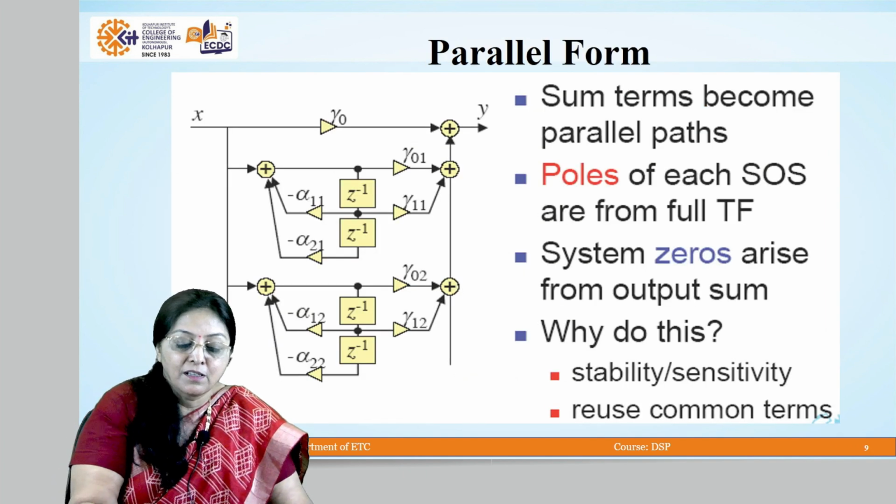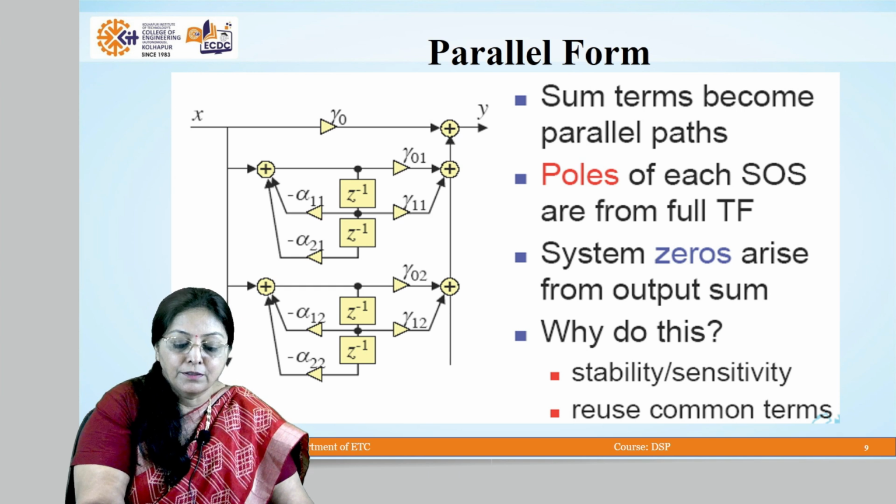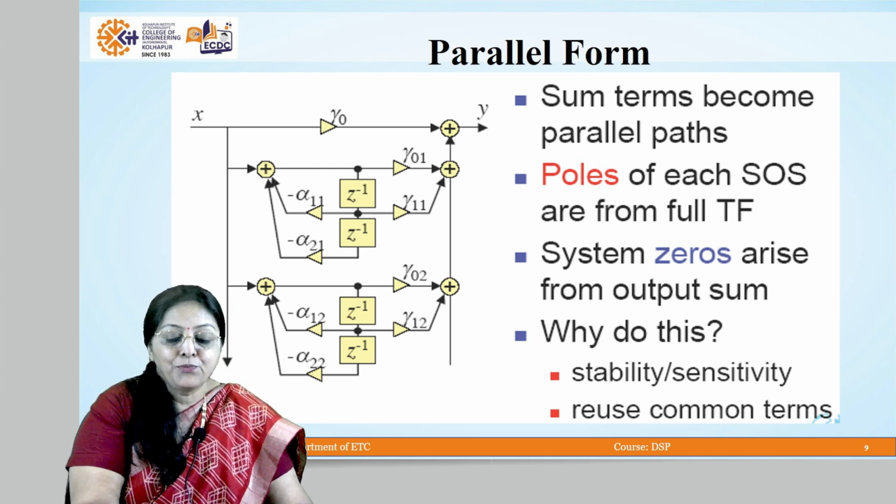Just observe this: minus alpha 1, minus alpha 2, alpha 11. So mu naught is connected to x, and y is the output. Another is for alpha 1, this one, and mu 01, mu 11 up to that, then mu 02, mu 12 up to that, which means the variation.